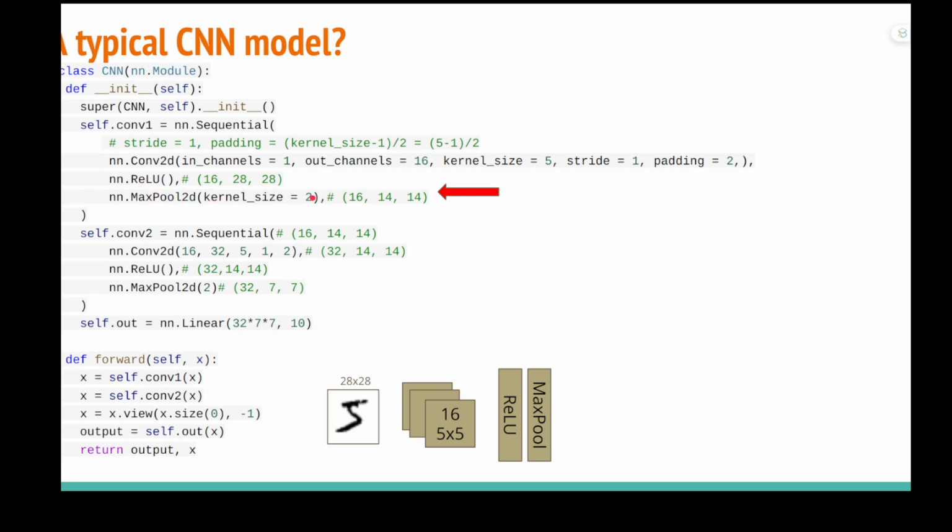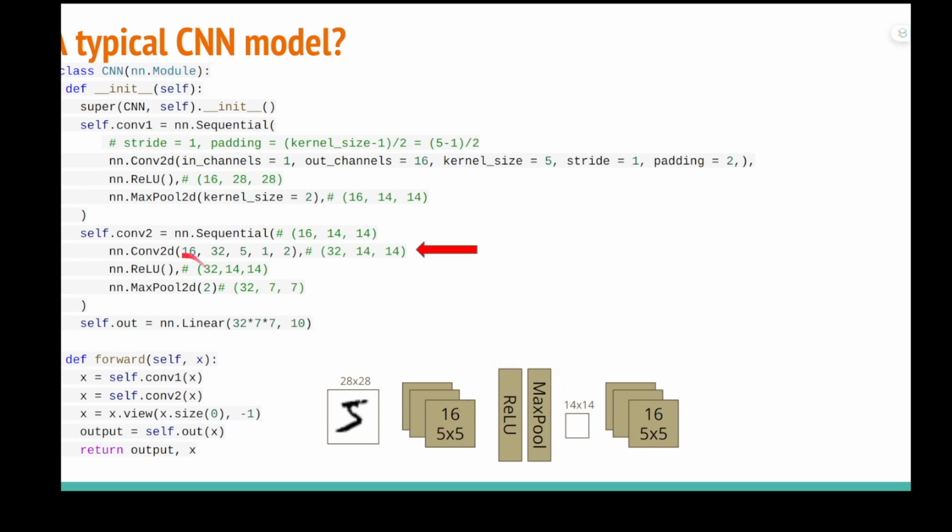The kernel size is 2, so it means that you will use 2x2 filters to reduce the 28 by 28 into 14 by 14. So after this block, you will have a 14 by 14 image, which has 16 channels, since we're using 16 CNN filters here.